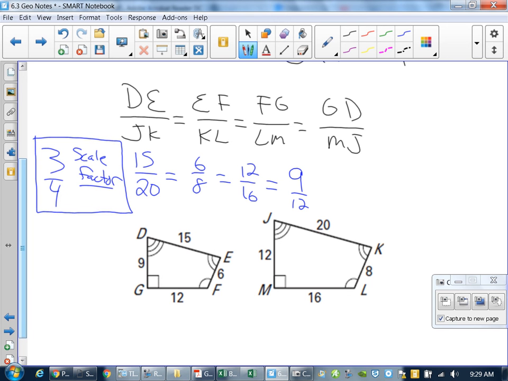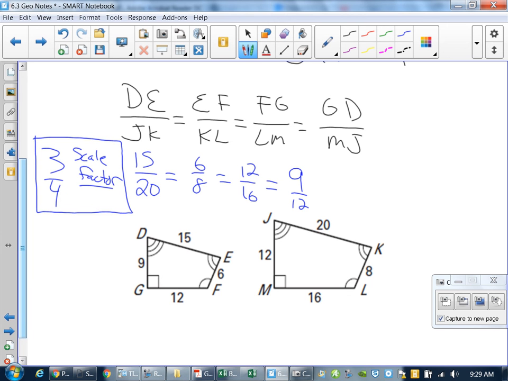If they're similar in nature, that simplifies to 3/2. This would have been your scale factor. You used this scale factor to figure out the missing side length given that other width. Okay? That's what you do.